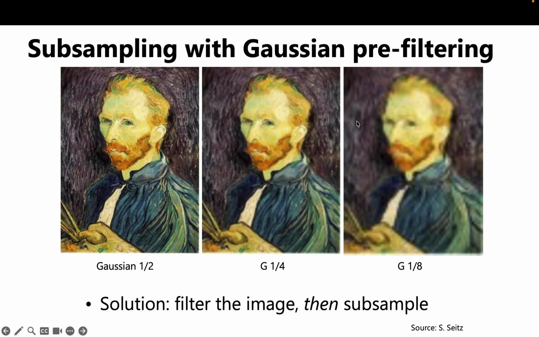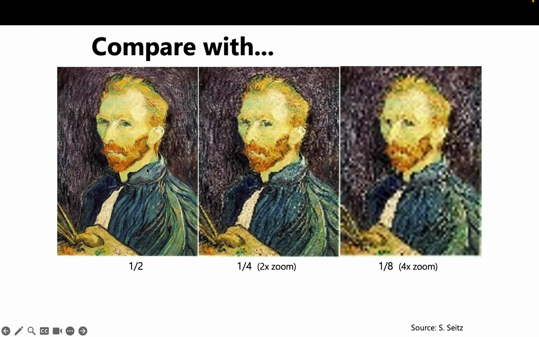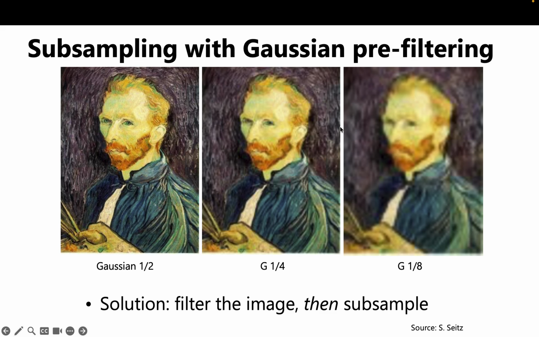So you look at this result. This is a half size of the image, quarter, and 1 over 8. All these are applied using the Gaussian, compared to this one without using the Gaussian. So actually we can preserve more details from the original image.